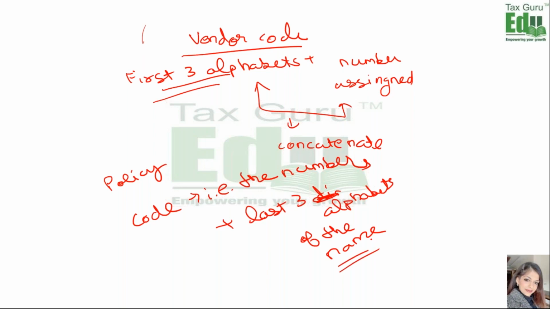Take 1 minute's time and do it. Getting it? The policy is the coded numbers that we have taken, plus the last 3 alphabets of the name. This is the policy that the organization follows.